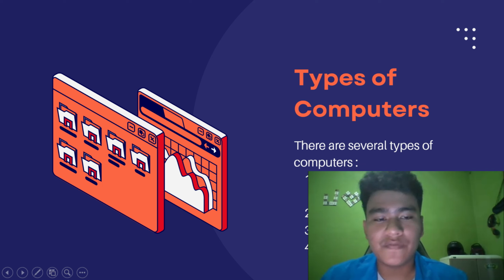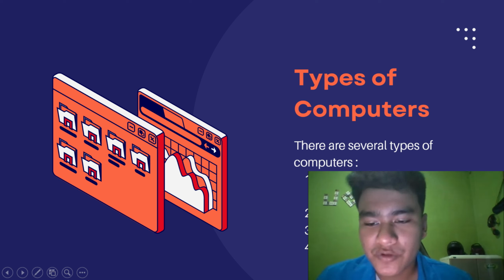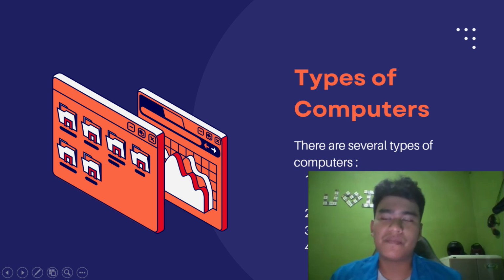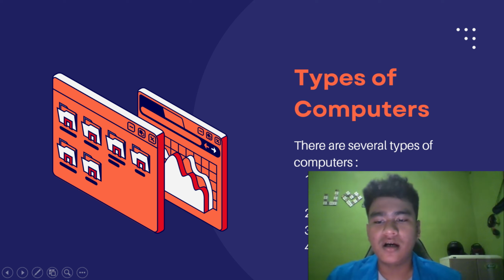We also have servers, which manage data and networks in companies. And finally, supercomputers. These are very powerful computers used for science and research, like weather prediction or space study. So, computers come in many forms depending on their use.